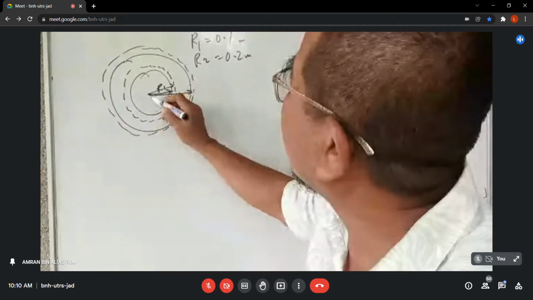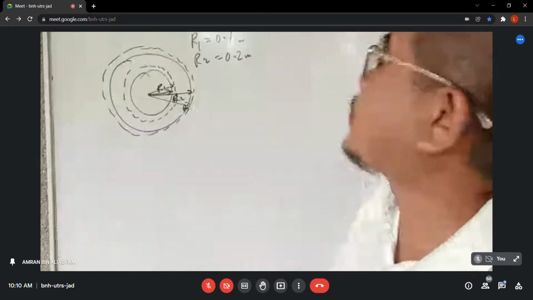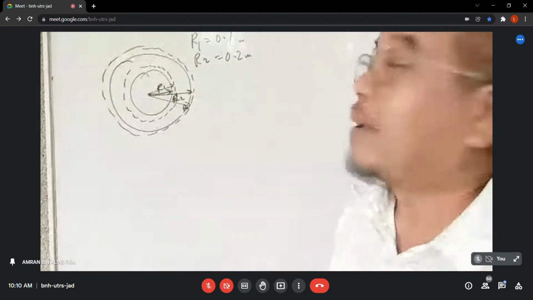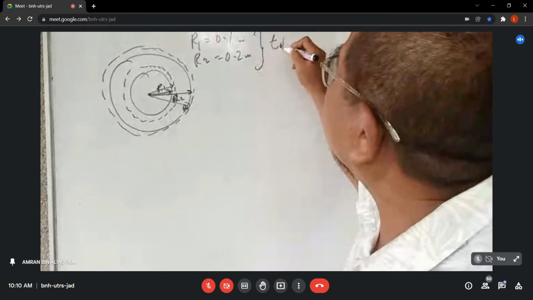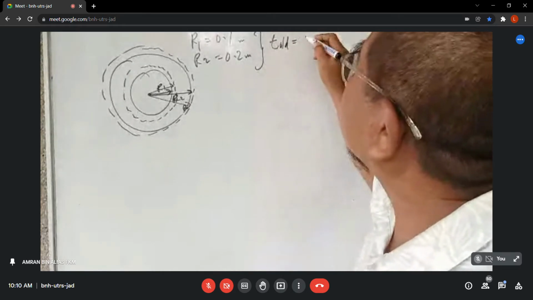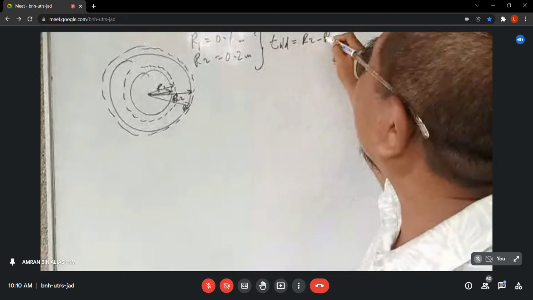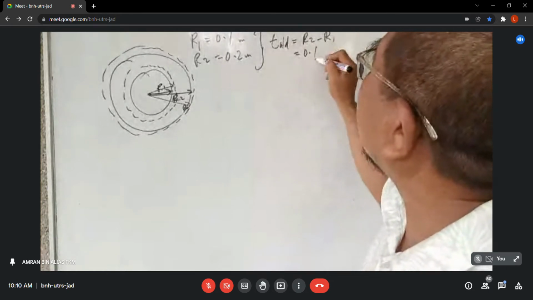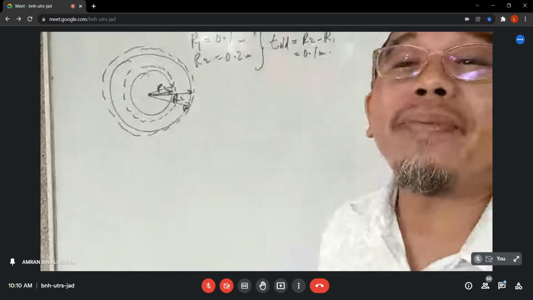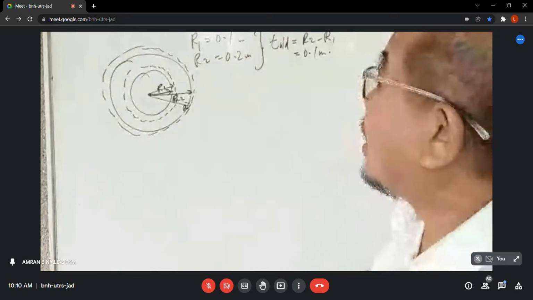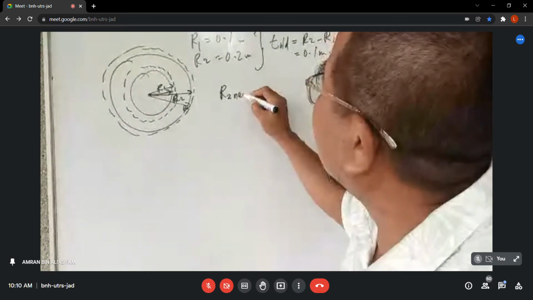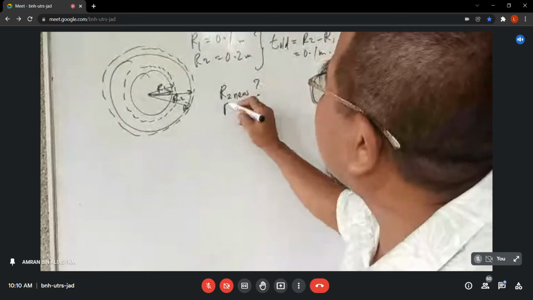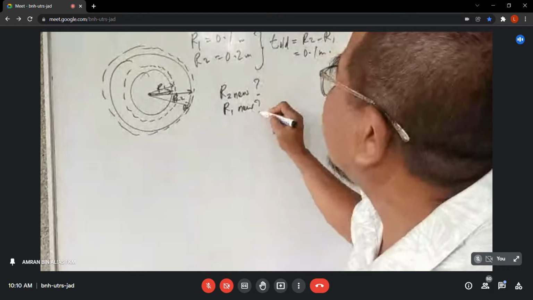This will go to R2 new. The original thickness is what? T old is equal to R2 minus R1, which is equal to 0.1. So we want to check what is R2 new and what is R1 new.